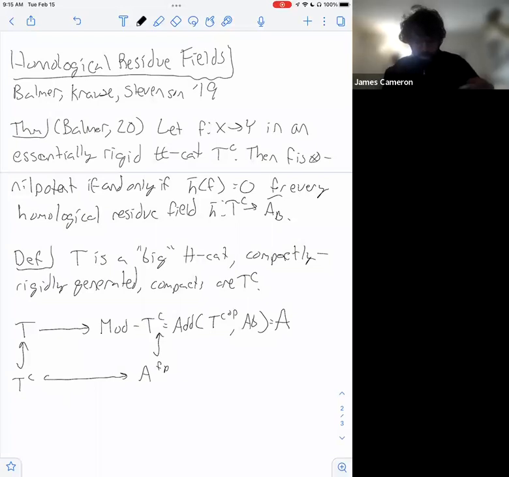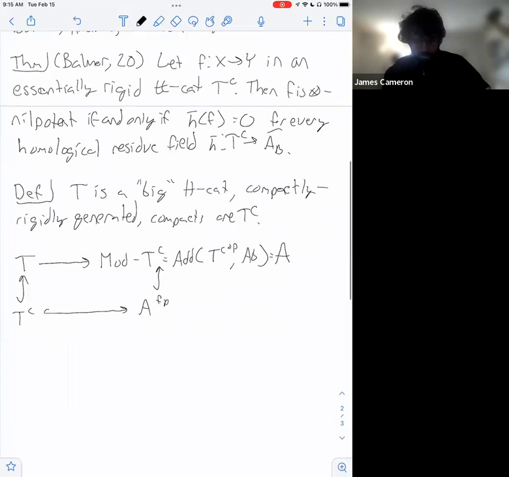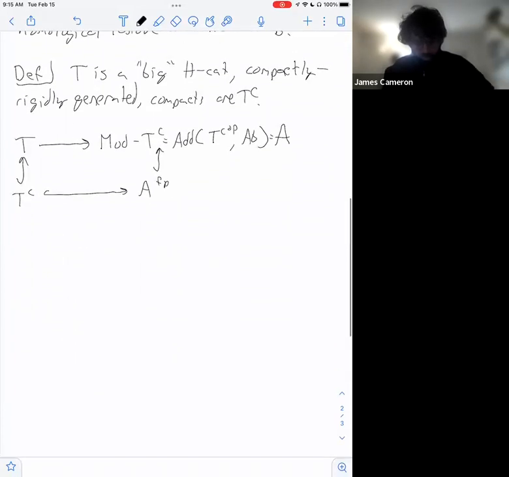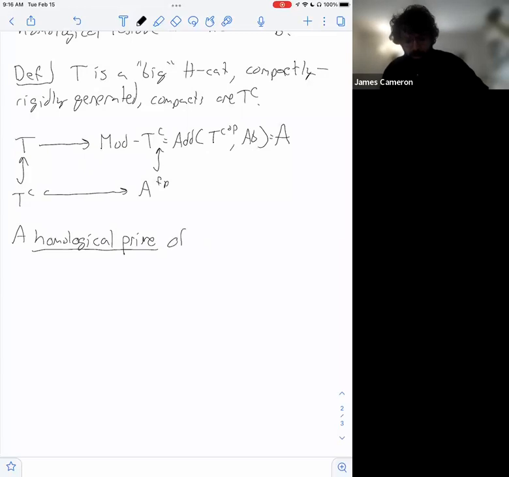So a homological prime of T is a maximal Serre tensor ideal of the finitely presented part of A. I guess I didn't say this, but these are tensor categories, and these Yoneda functors are tensor functors.